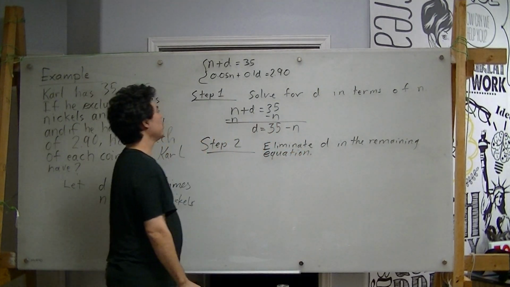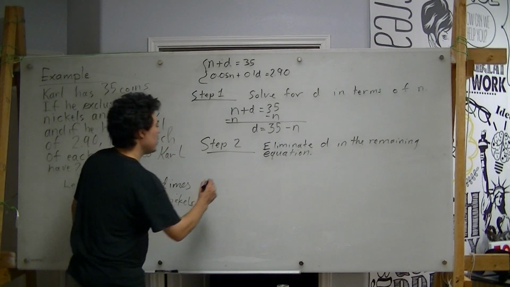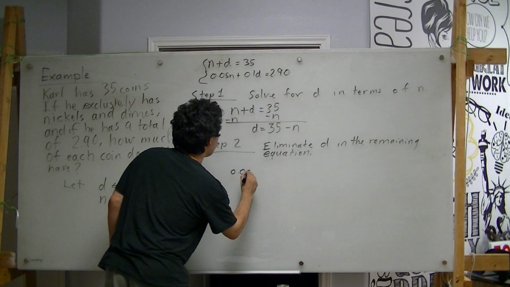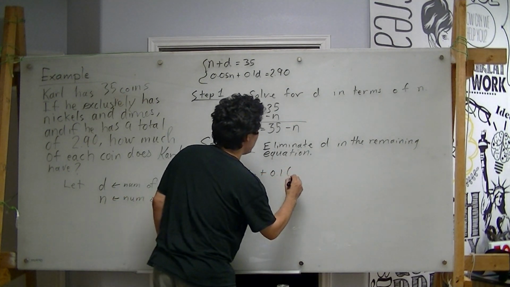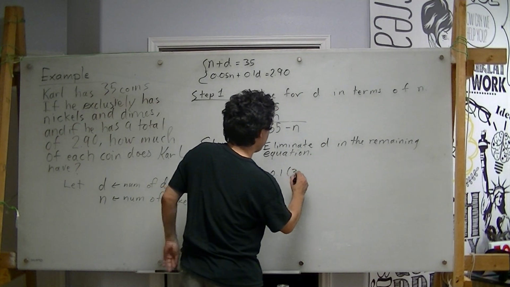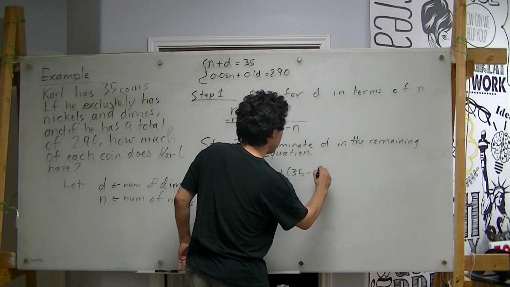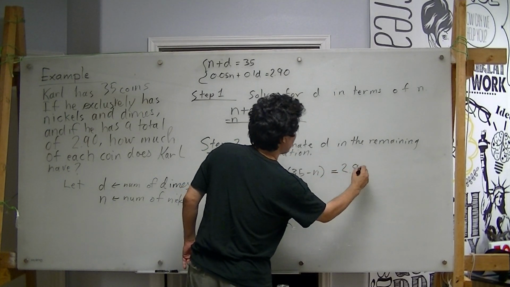Okay, so if we look at the second equation, it'll be 0.05 N plus 0.1, but instead of D, we're going to put the expression here, 35 minus N. And that's going to equal 2.90.